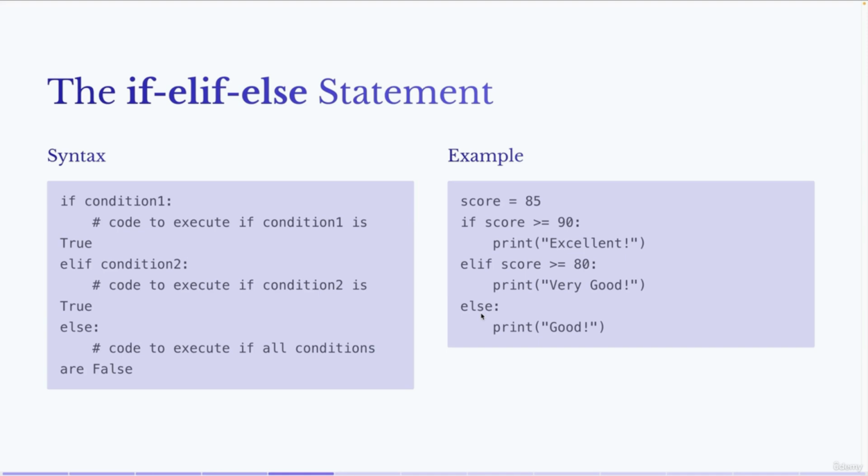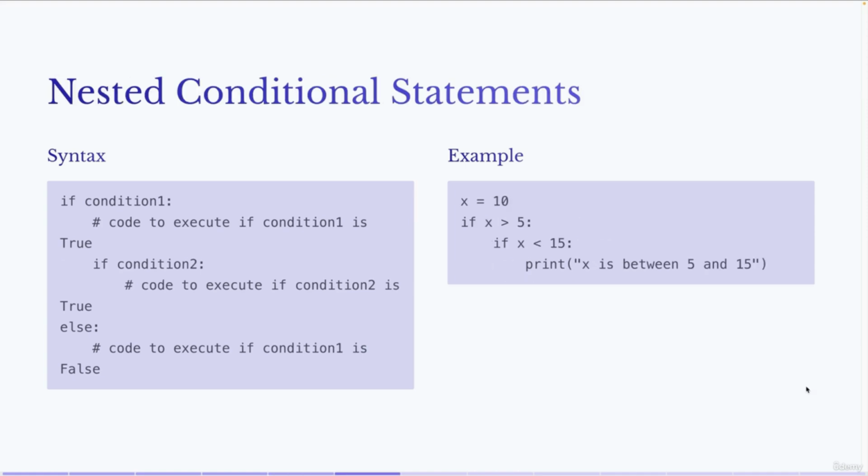But like I said, don't worry about it. The first time you're hearing this or seeing this, don't worry. I got you. We write a lot of code where it's going to become second nature to know when to use the if statement, when to use the if else statement, or when to use the very extensive if, elif, else statement. Another way of capturing how complicated things can be is when you have your nested conditional statements.